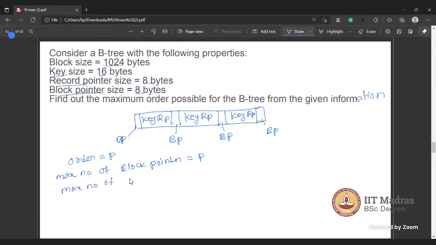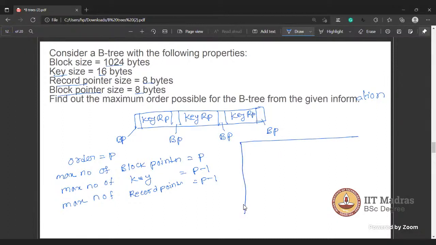Then the maximum number of record pointers, or data pointers, will be P minus 1. Right?